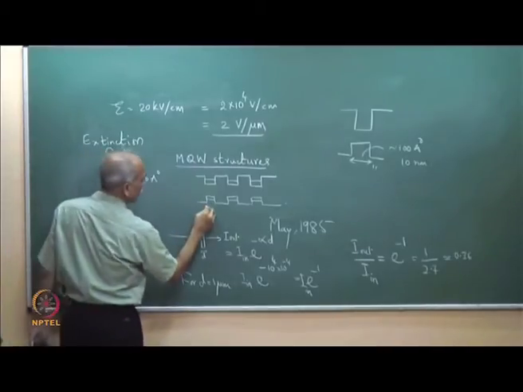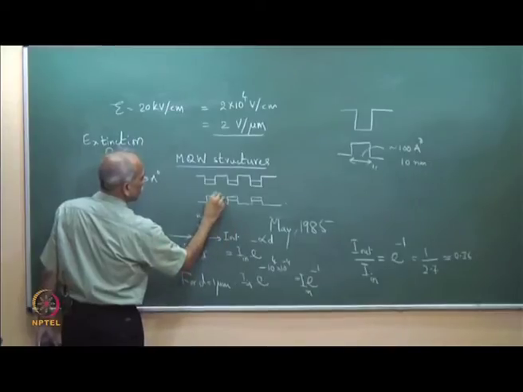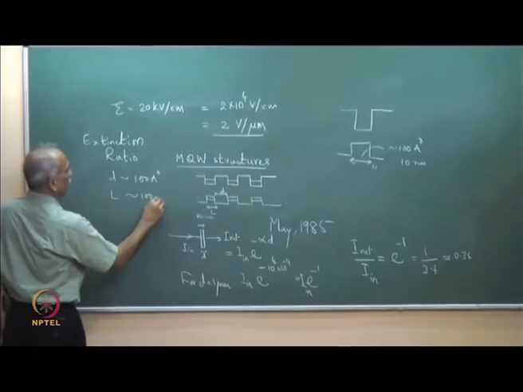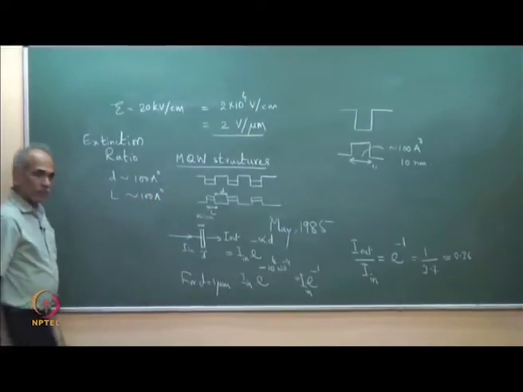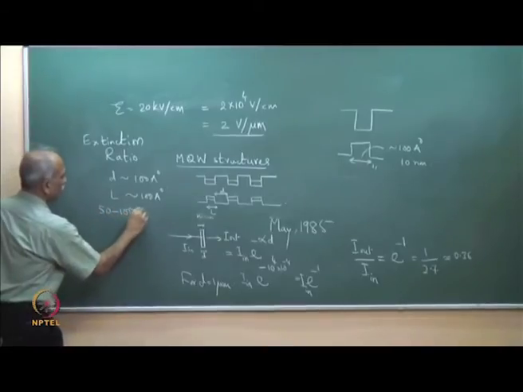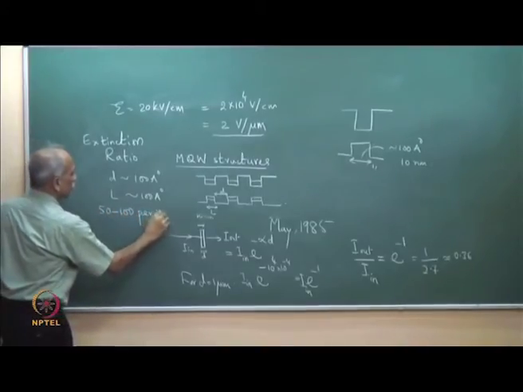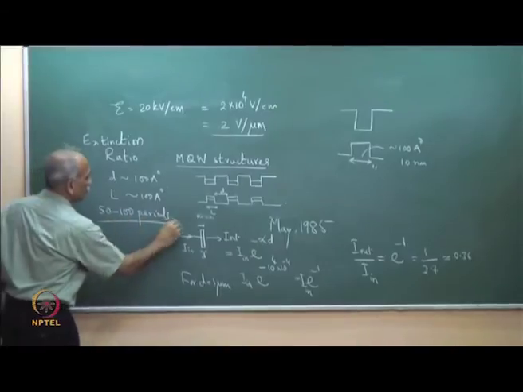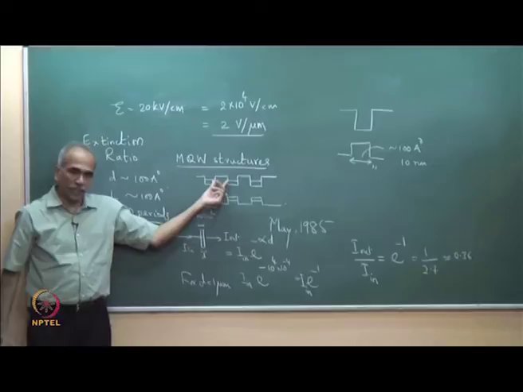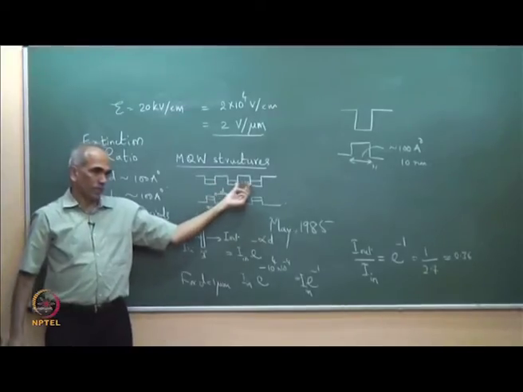So, this is L and this is D. We had taken a problem of the order of 100 angstroms, and about 50 to 100 periods. One period means one well and one barrier.